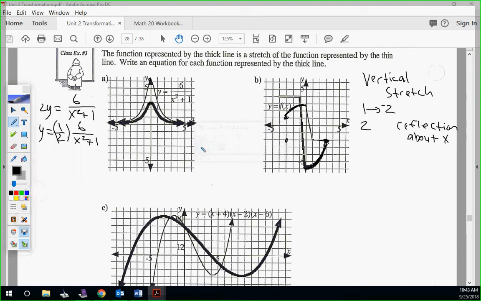Okay, so we see right here, this right here is at 1, and this over here, the same end spot of that rounded piece, is at negative 2. So when we see that, it went 1 to negative 2. It gives me a stretch of 2 with a reflection about the x to get down here, but then I have to reflect over the y. So that's my movements.